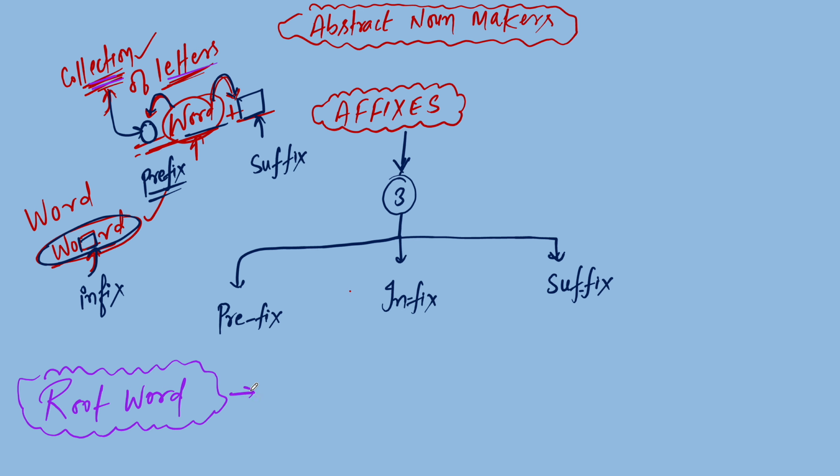You put prefixes to change the meaning of this root word, and if you put infixes in between the root word, then the meaning of the root word will be changed. So the word in which you append prefix, infix, or suffix will be known as root word. Is it clear to you or not?